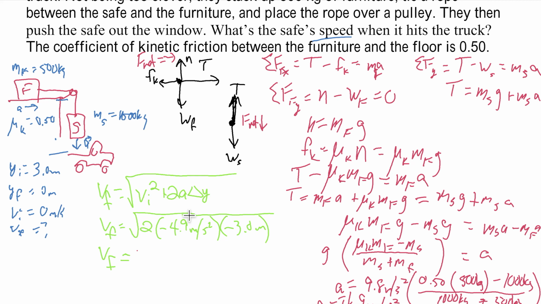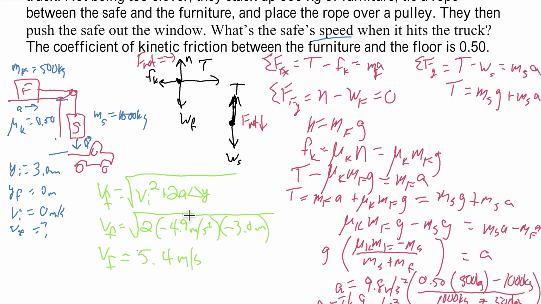What's our answer? 5.422. So with significant figures, it'll be 5.4. And it's a velocity, so the unit should work out to be meters per second.